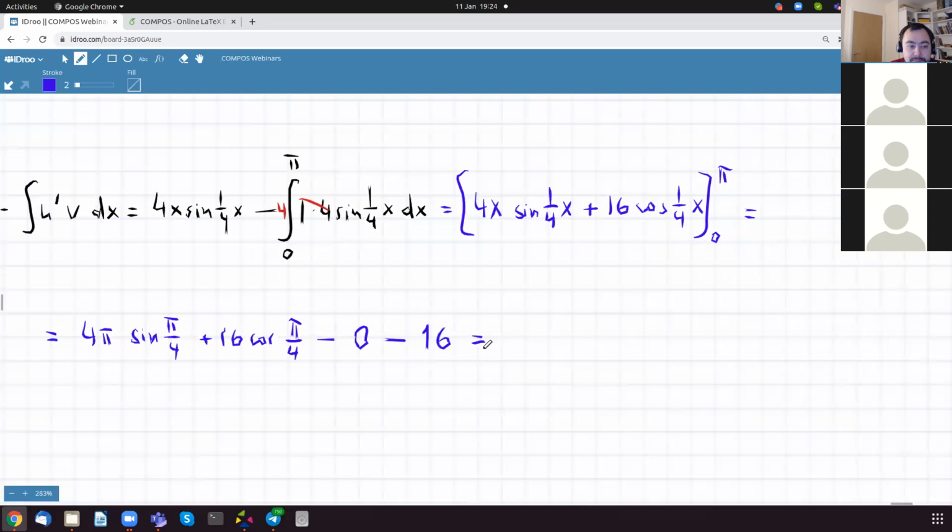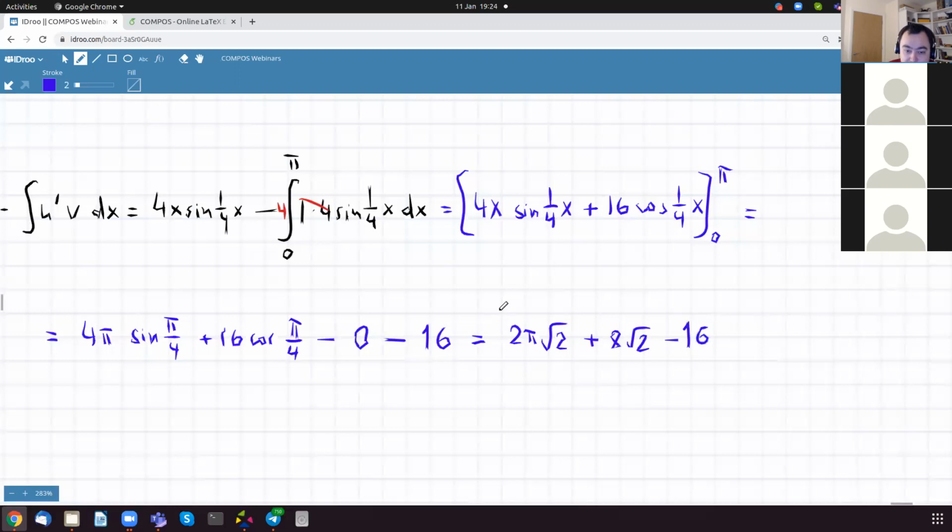And sine pi over 4 is square root of 2 over 2. So it's going to be 2 pi square root of 2 plus 16 times square root of 2 over 2, which is 8 square root of 2, and minus 16. And that is the answer.